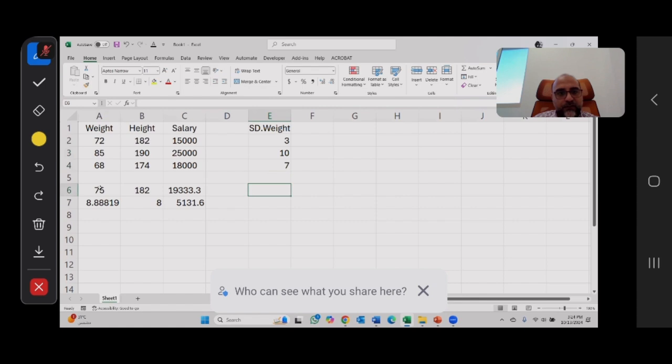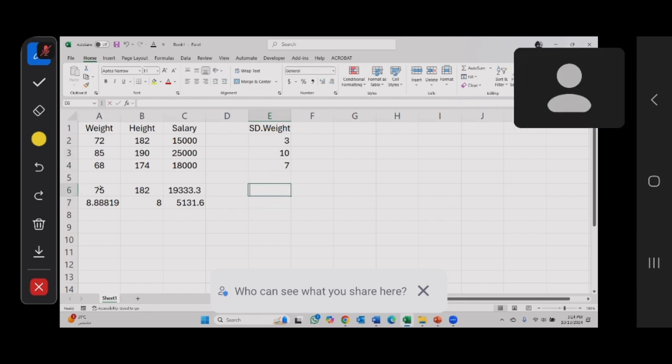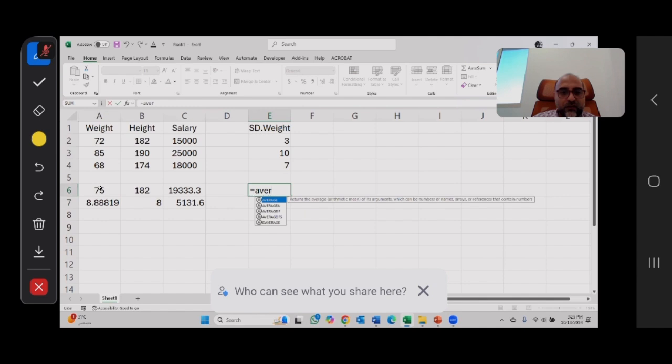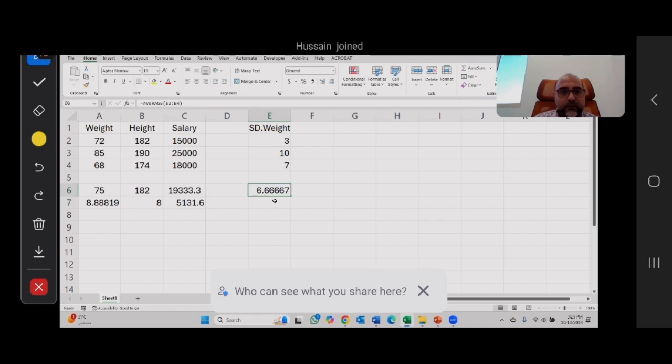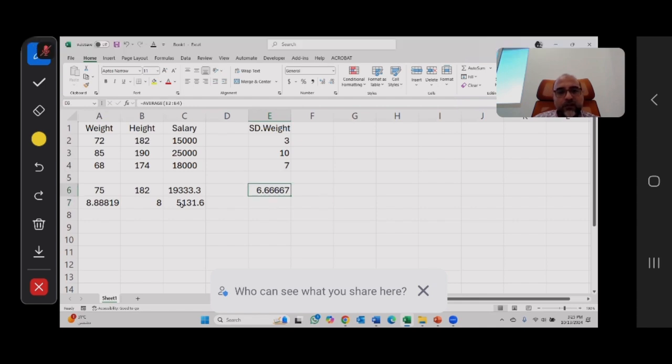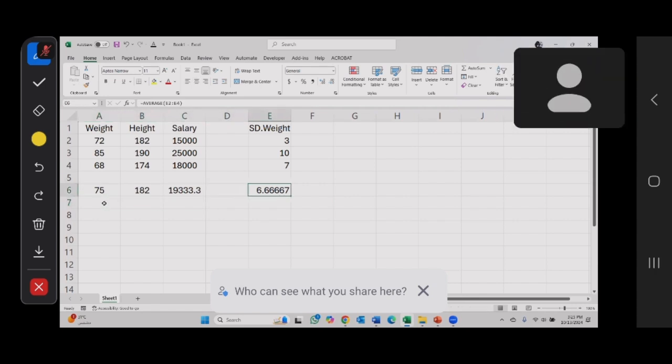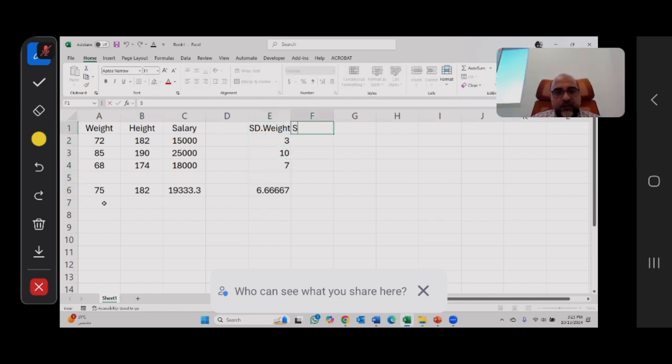You following me? Now, all you have to do is take the average of the differences you just found. This is called standard deviation. Just like this, you have to find standard deviation of height and then standard deviation of salary.